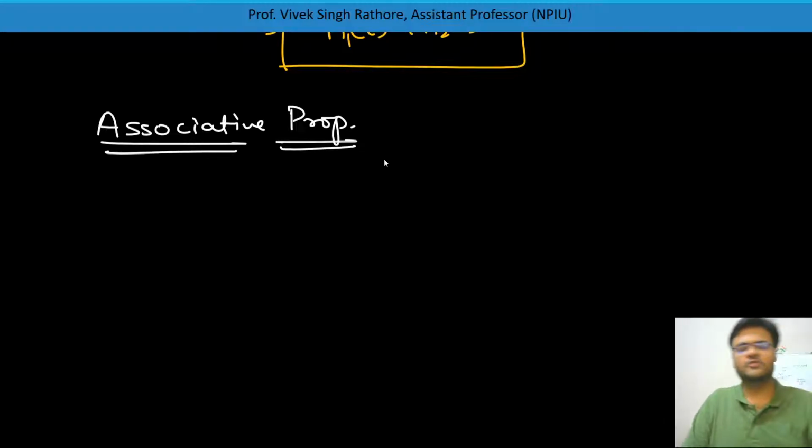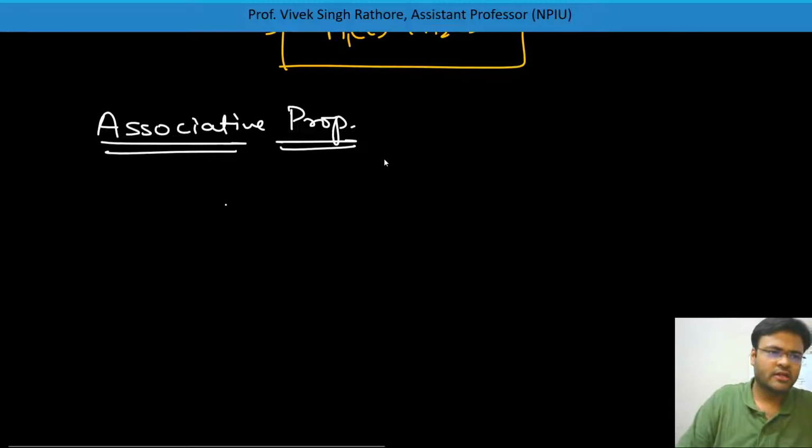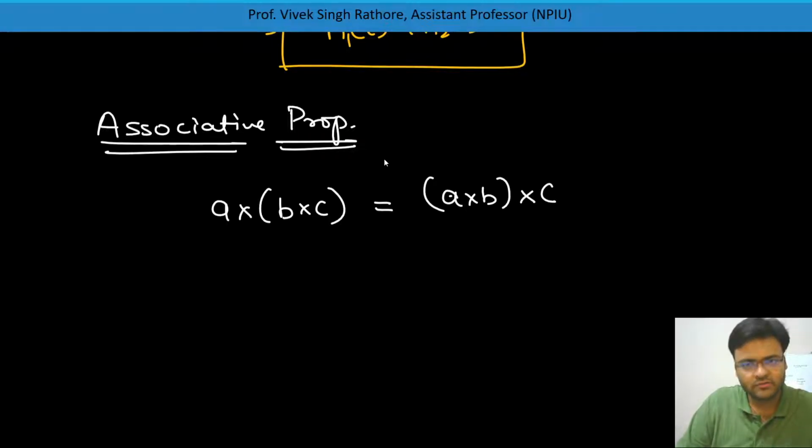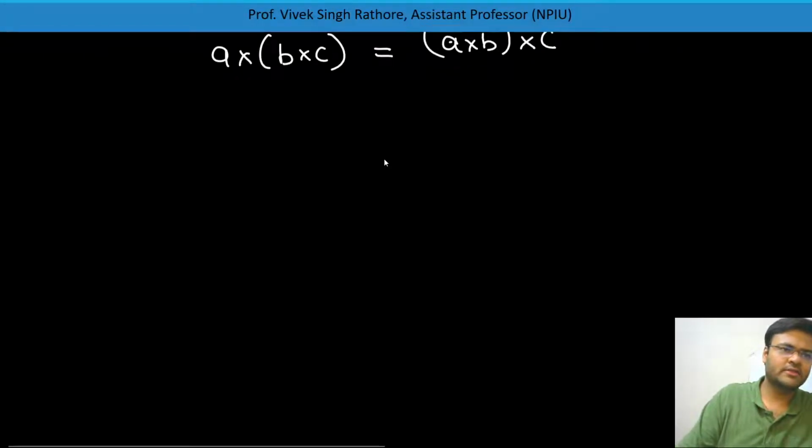Associative property: to associate means to associate with something. Let's suppose a signal is multiplied by two signals which are also multiplied with each other. So A into B, and you can do it like this. That is called the associative property, where one signal can be associated with any other. How can we see it in an LTI system?